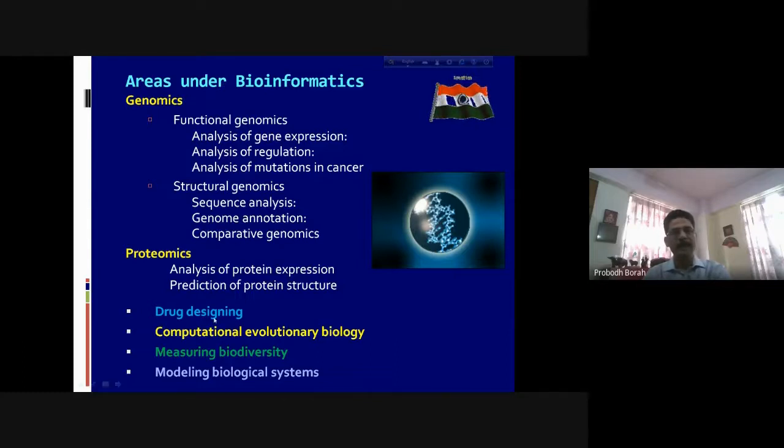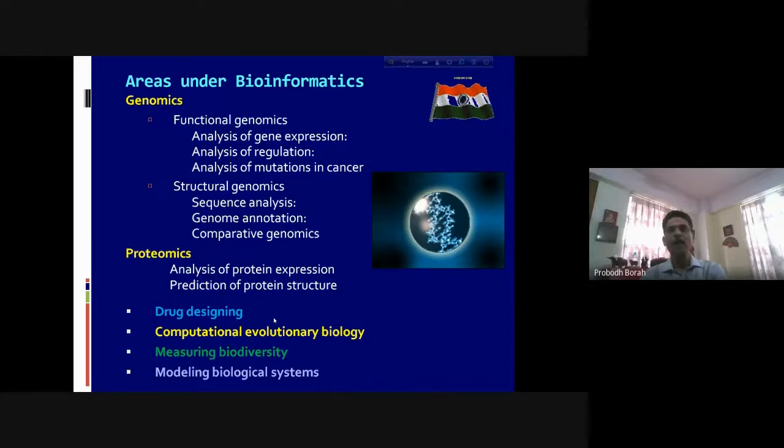Then drug designing. It is another field of activity in which bioinformatics plays a very important role. Earlier, to design and produce a new drug which is therapeutically useful and commercializable, it took around 22 to 25 years by the conventional process.